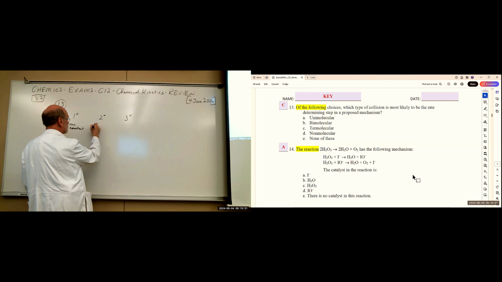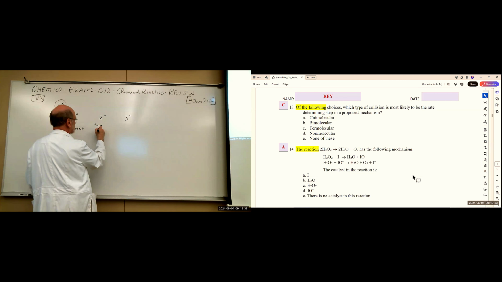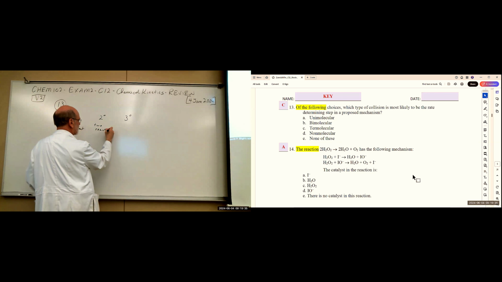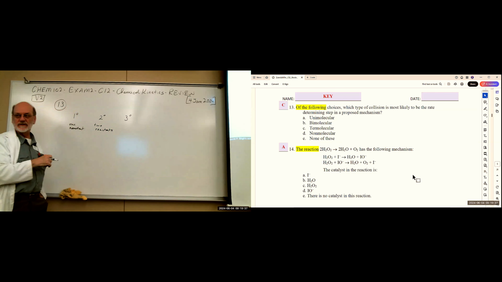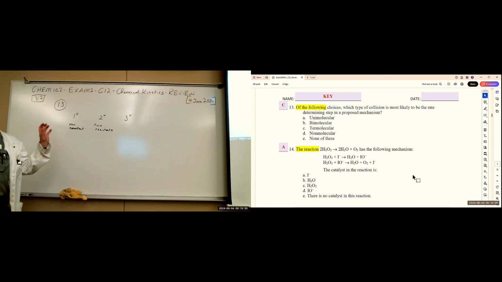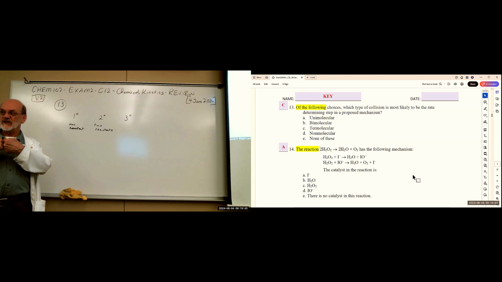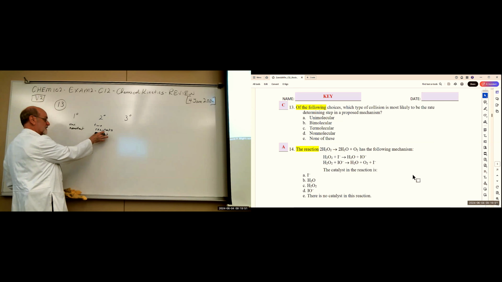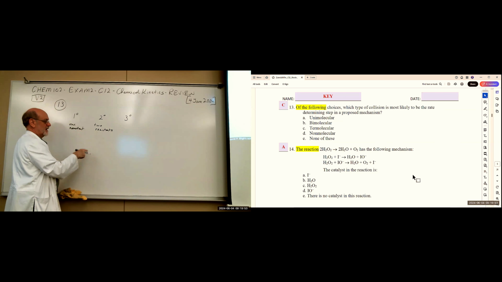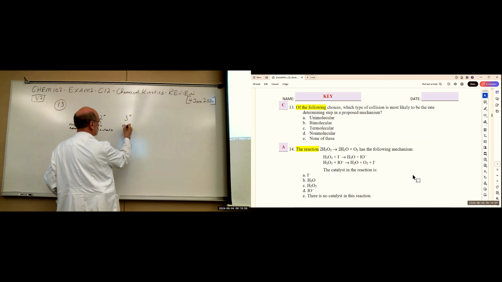This one requires 2 reactants. It's a little less probable to get 2 reactants together with the right amount of energy and what else? The right orientation to break the bonds, form the intermediate, and form new bonds. Has to be oriented correctly. So the probability for this one is less than that one. How about this one? This one has 3 reactants.